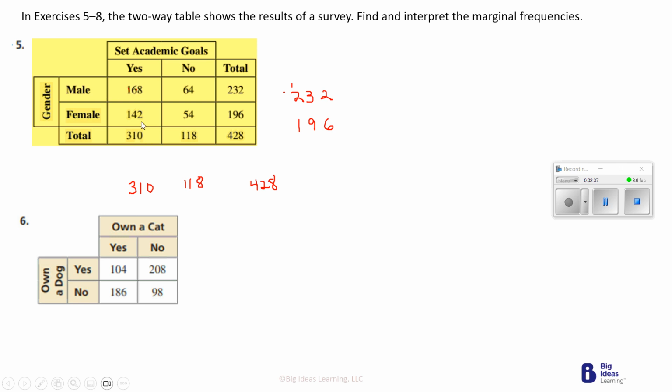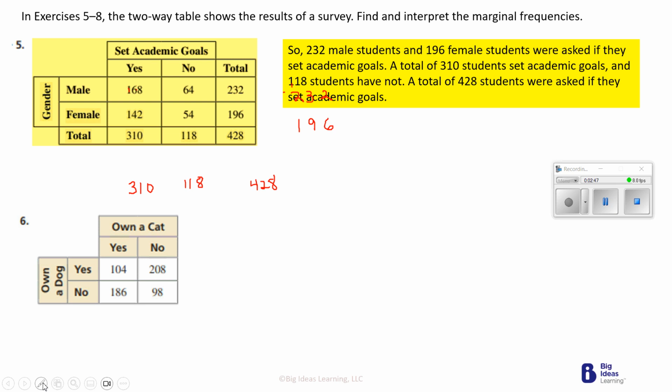There were 310 students that did set academic goals, and 118 that didn't, and 428 means the total students that were asked. So let me just erase this. It says 232 male students and 196 female students were asked if they set academic goals, as we said here. 310 set academic goals, 118 didn't, and 428 were the total students that were asked.